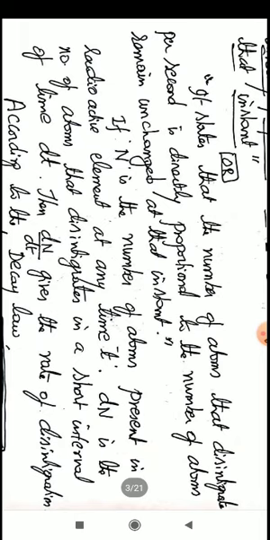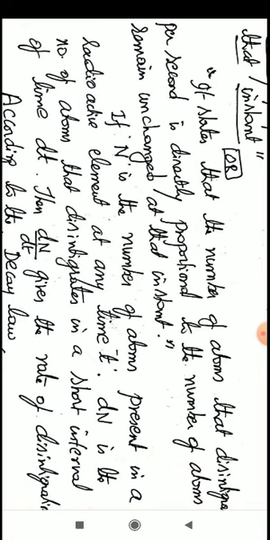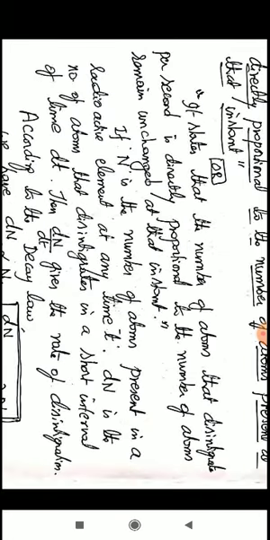If n is the number of atoms present in a radioactive element at any time t, dn is the number of atoms that disintegrate in a short interval of time dt, then dn by dt gives the rate of disintegration.